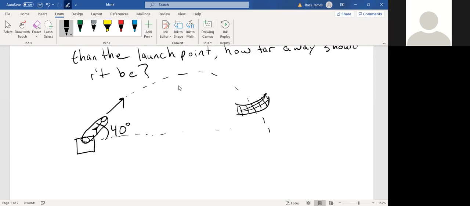All right, so our given information is that the net is 2 meters higher than his launch position.